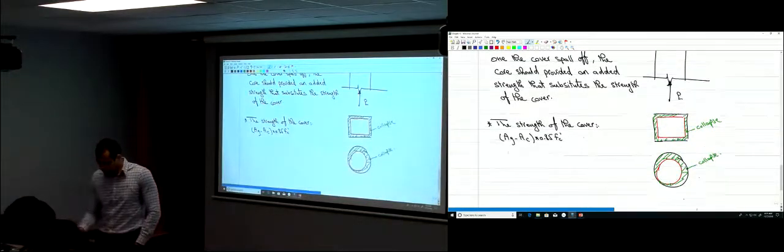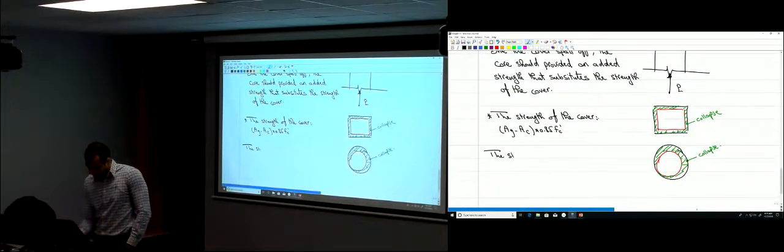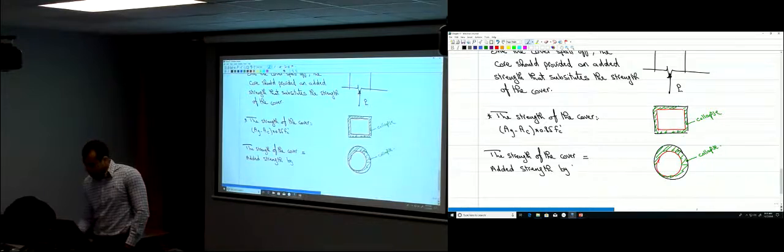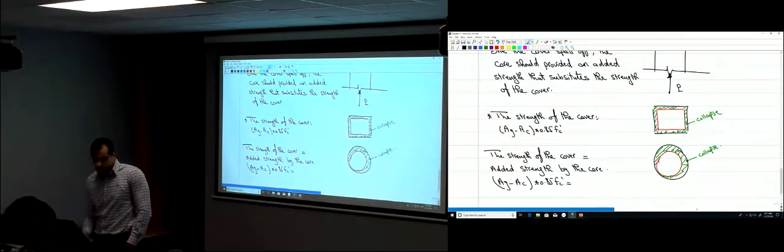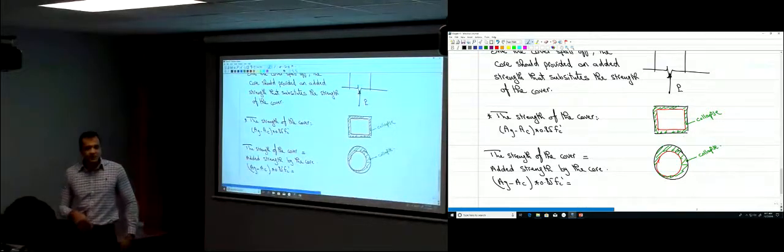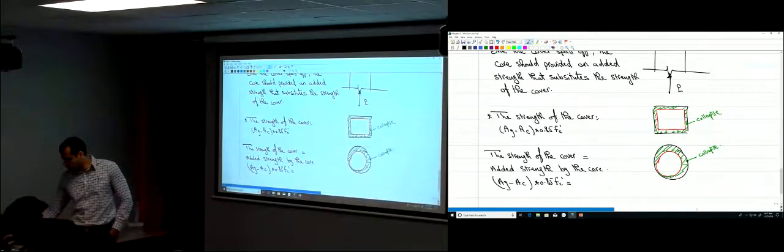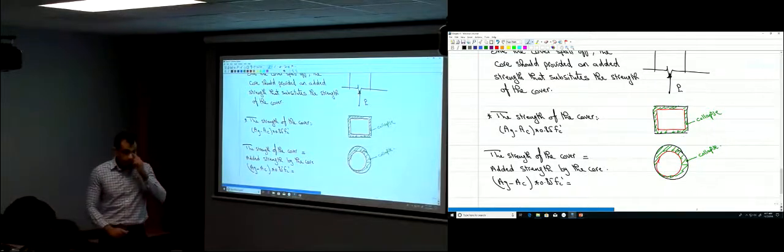This strength of the cover should be equal to the added strength provided by the core. So that's Ag minus Ac multiplied by 0.85 Fc prime should be replaced by the added strength. How much is the added strength to the core of the concrete?